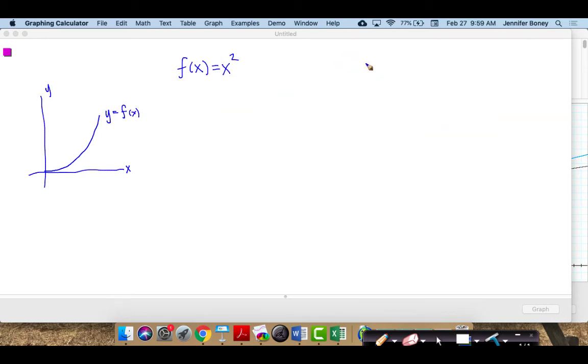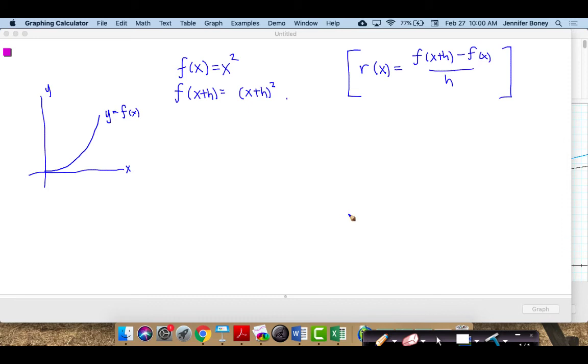Now, the formula that was on that GC file said our rate function can be computed by doing f of x plus h, for any value of h, minus f of x, and divide by h. This would give us a function in x for any value of h. And so if this is our expression here, f of x plus h, just keep in mind it is x plus h squared.